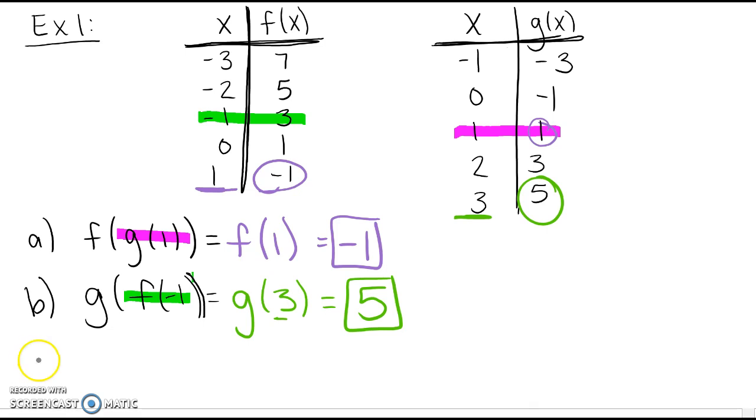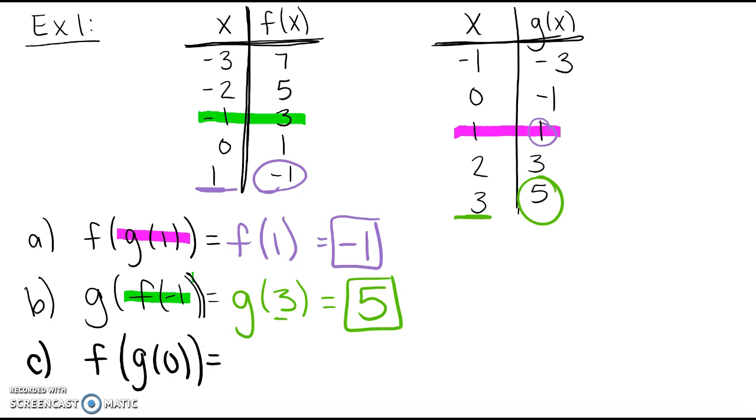And that's it. So what I would recommend now is with your groups, you do C, which will be F of G of 0. So to solve for this, you're first going to look at G of 0. When X is 0, what is Y? Negative 1.